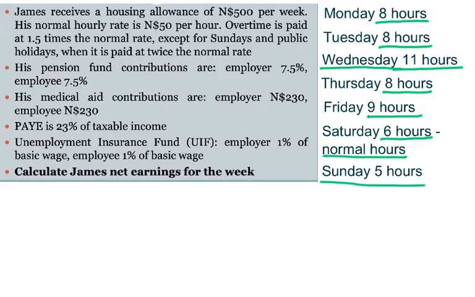So first, we will calculate the normal hours. On Monday, we had 8 normal hours. On Tuesday, we had 8 normal hours. On Wednesday, remember, we had 11 hours, but only 8 can be normal hours because a day is usually 8 hours. So on Wednesday, we have 8 normal hours. On Thursday, we have again 8 hours.